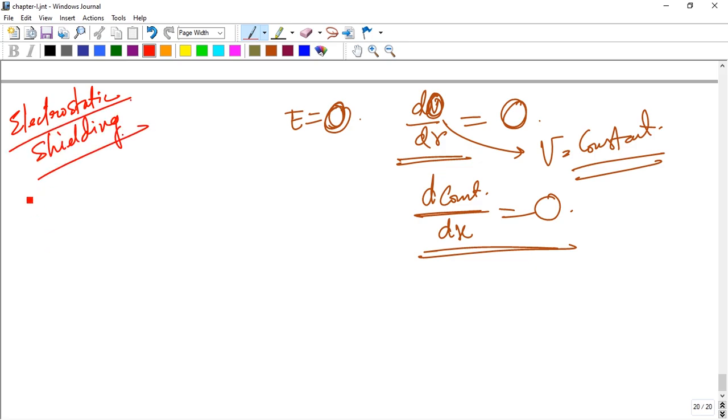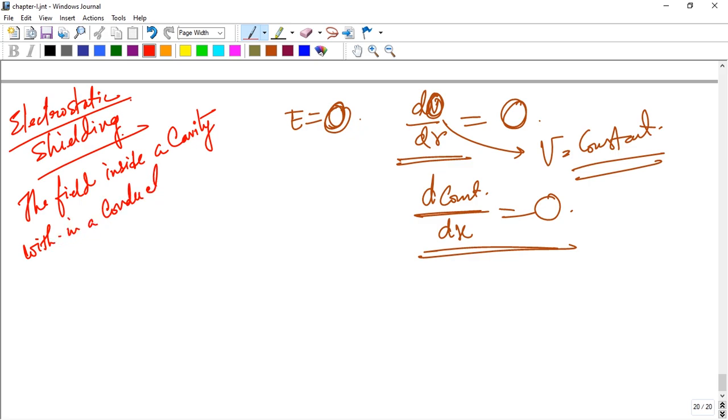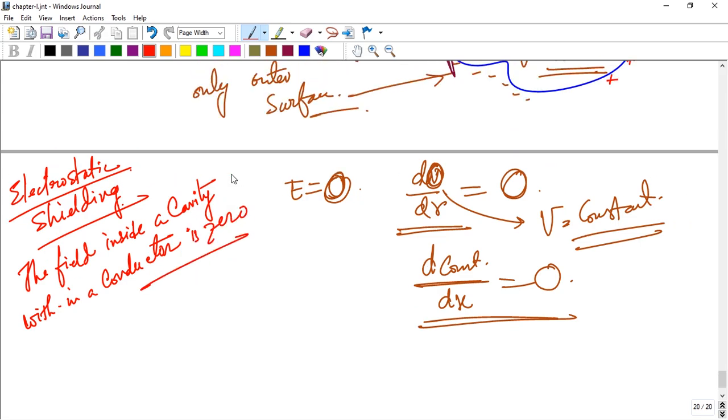The field inside a cavity within a conductor is zero. We know that from this diagram.